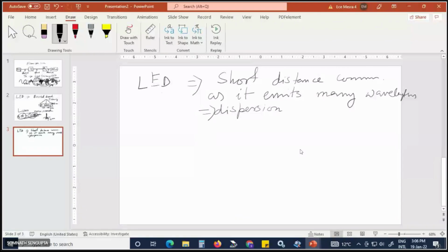So for short distance communication, if dispersion is negligible, then we can use it.